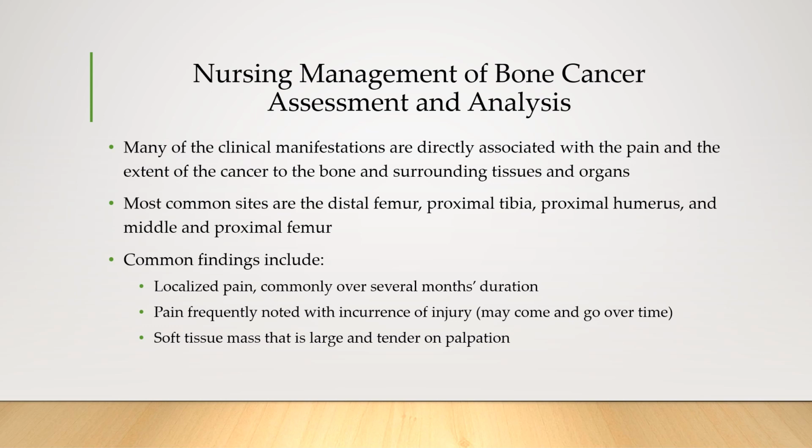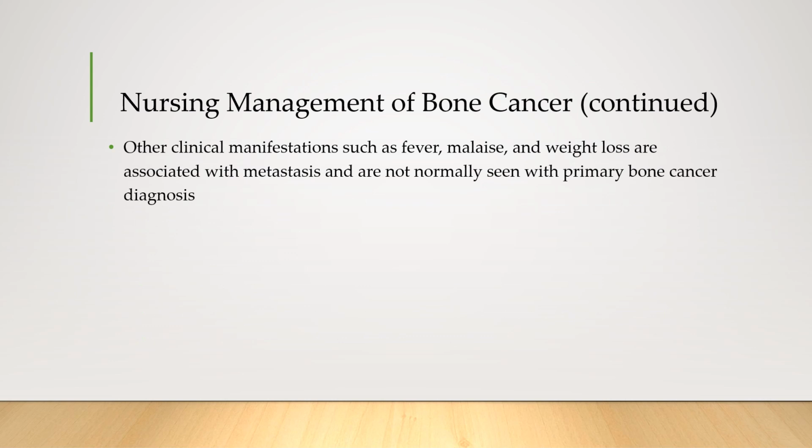Common findings will include localized pain, commonly over several months' duration, pain frequently noted with incurrence of injury, and this may come and go over time, and a soft tissue mass that is large and tender on palpation. Other clinical manifestations such as fever, malaise, and weight loss are associated with metastasis and are not normally seen with a primary bone cancer diagnosis.